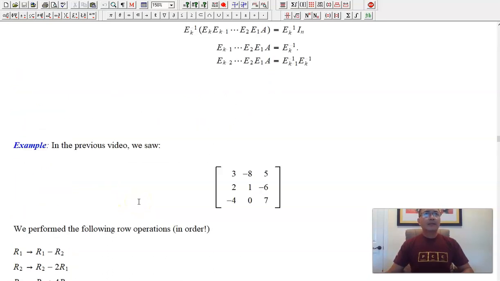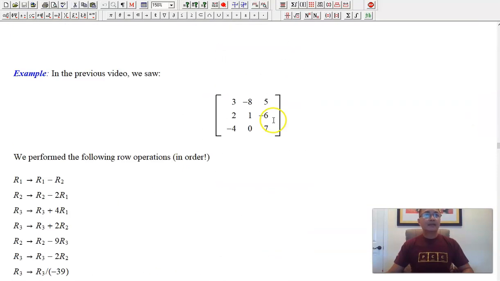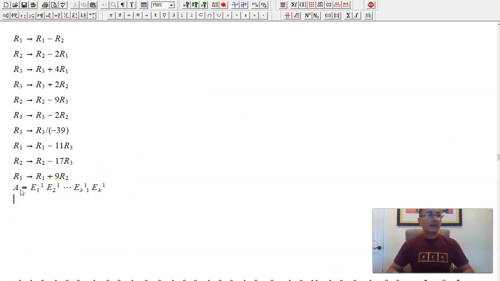So you know what? Let's scroll up back here. And we said that the factorization that we want is this. Okay, so we want this factorization, E_1 inverse, E_2 inverse, and so on.